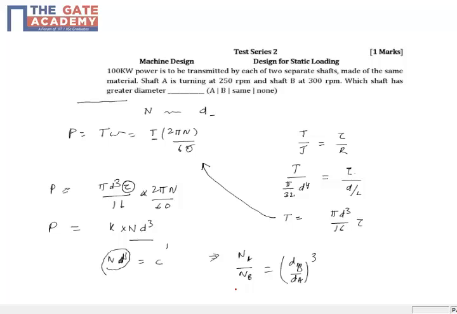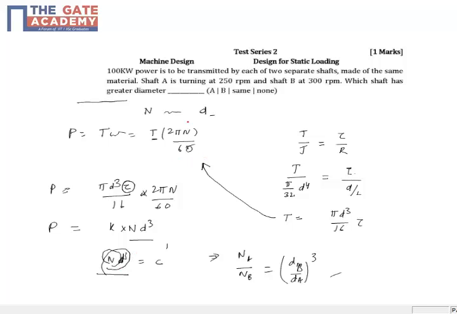So the greater diameter will be of the shaft of speed A. That is clear from this equation, right? Because it's varying inversely, in an inversely proportional relationship. So the higher speed will have a lesser diameter because N d cube has to be constant. So shaft B has a higher speed, and that will have a lesser diameter.